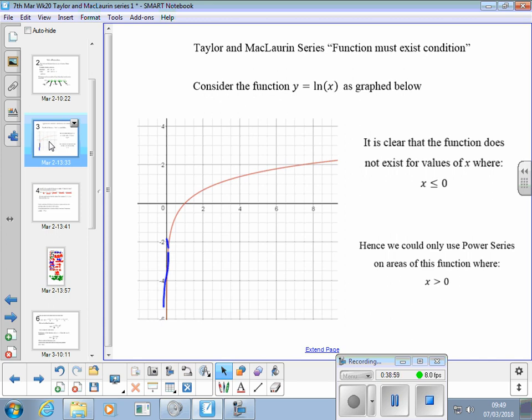You have to get a valid result. Put ln 0 in your calculator. Math error, because that function doesn't exist where x is equal to 0. In fact, if x is equal to 0 or less than 0, it doesn't exist.